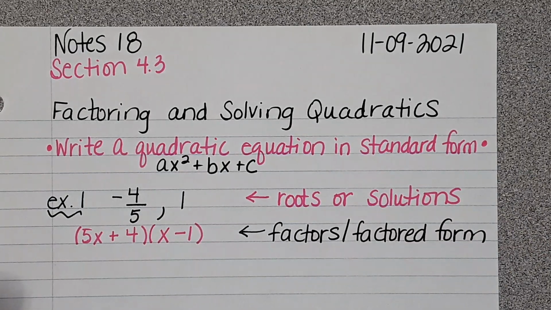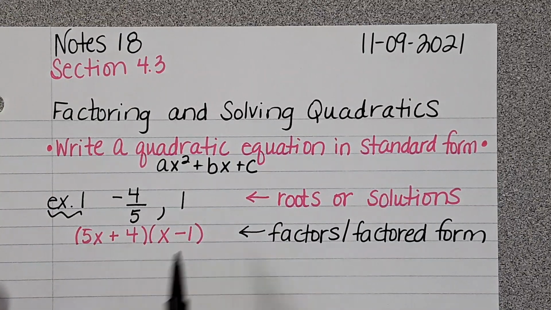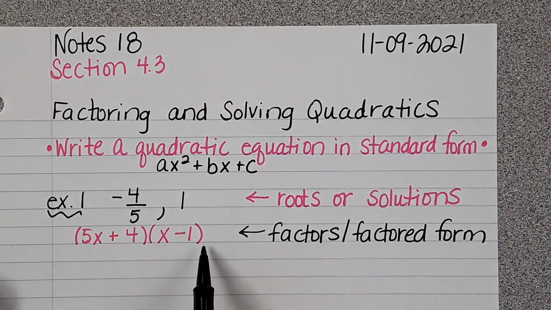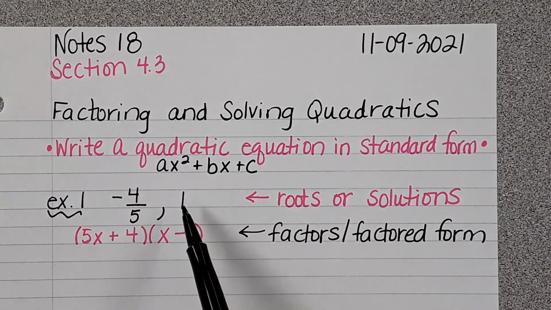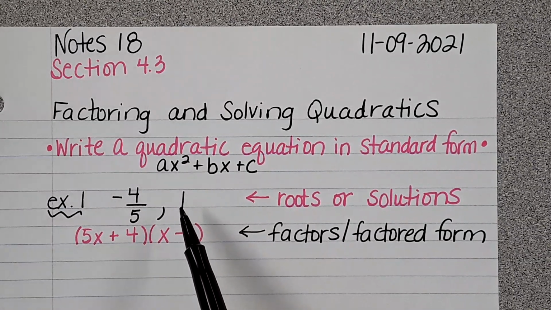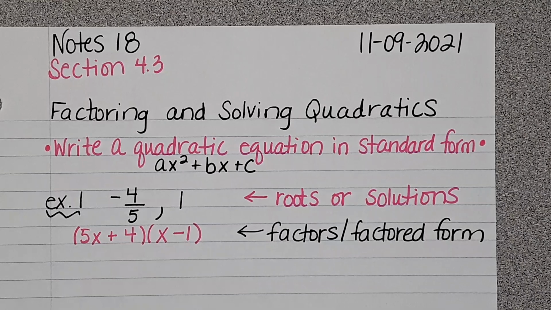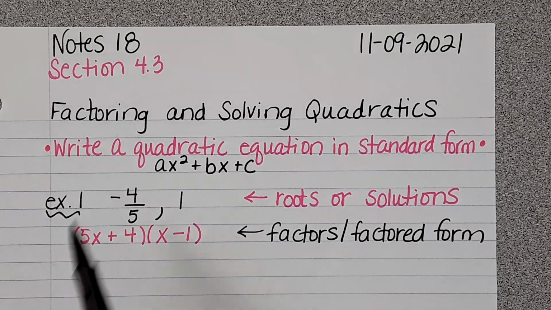If I asked you what are the factors, you would say 5x plus 4 and x minus 1. So I started off by giving you the roots and the solutions. Your step is to write the factors in factored form, and now to go into standard form, we're going to multiply. We're going to use the distributive property.